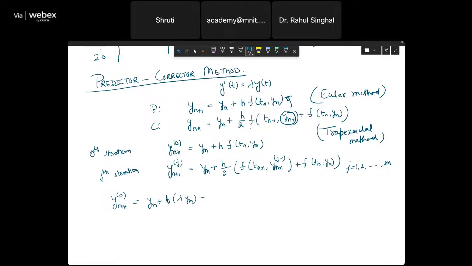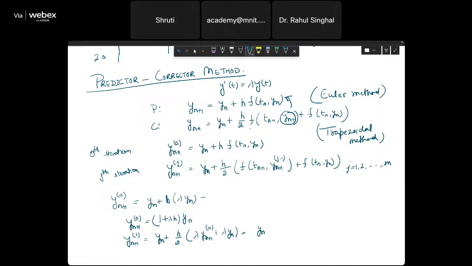Let me write it separately. This is going to be 1 plus lambda h times yn. Then the next step is the corrector step, where the first iteration, using the trapezoidal method, gives lambda yn plus 1 (zeroth iteration) plus lambda yn.